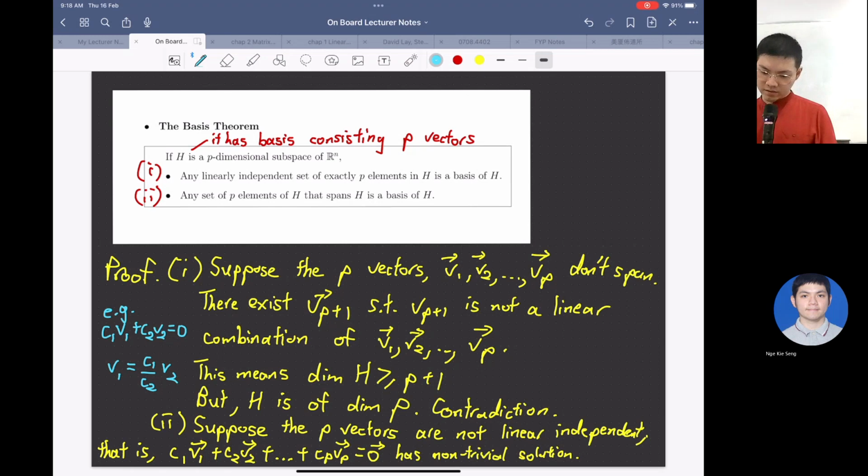So how does this go? It has a non-trivial solution. Any idea? Any contradiction that we can make?